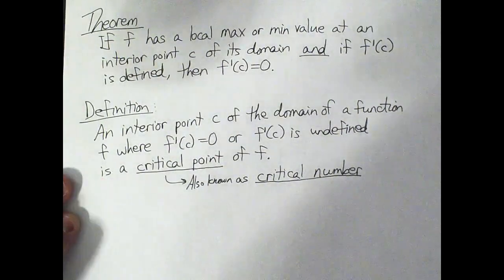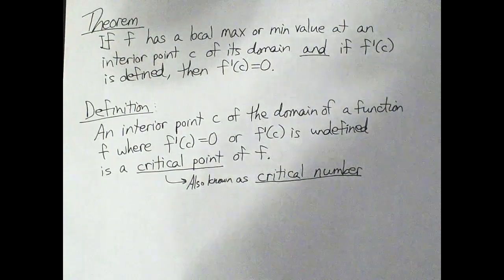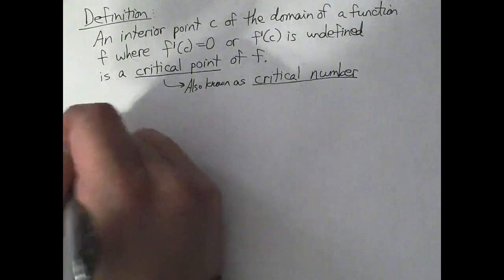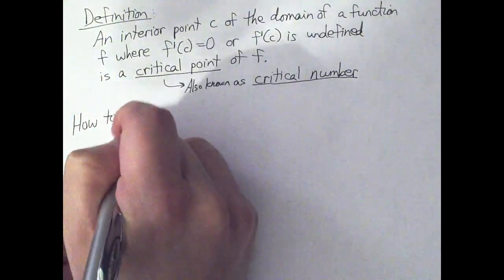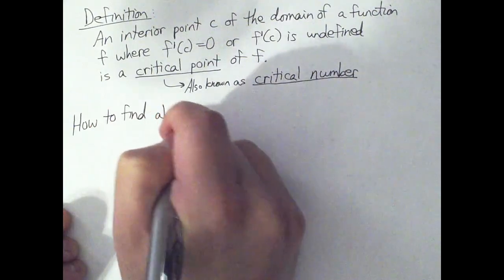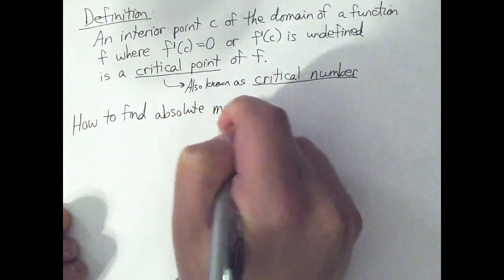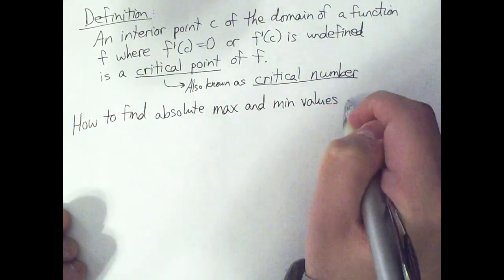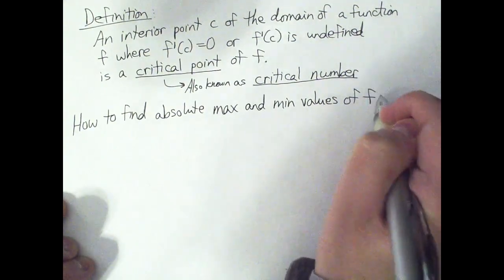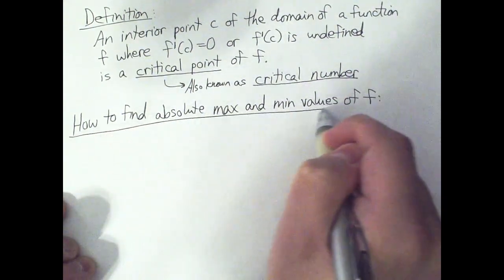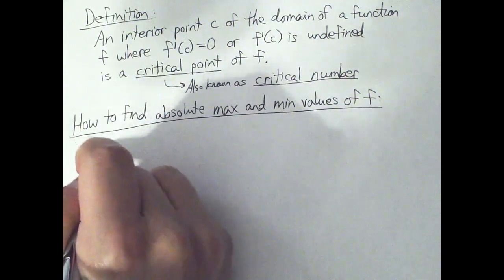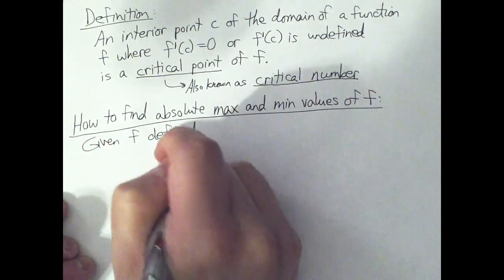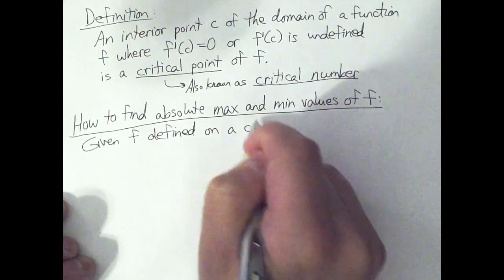This theorem and this definition and the discussion that we've had so far kind of leads us to a procedure for how to find absolute max and min values of f if we are given a function f defined on a closed interval.